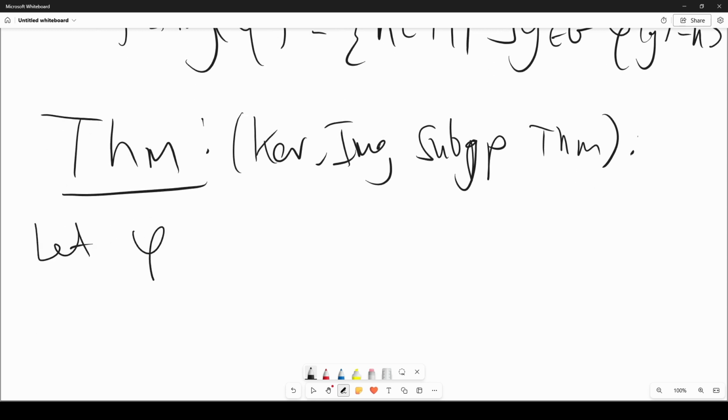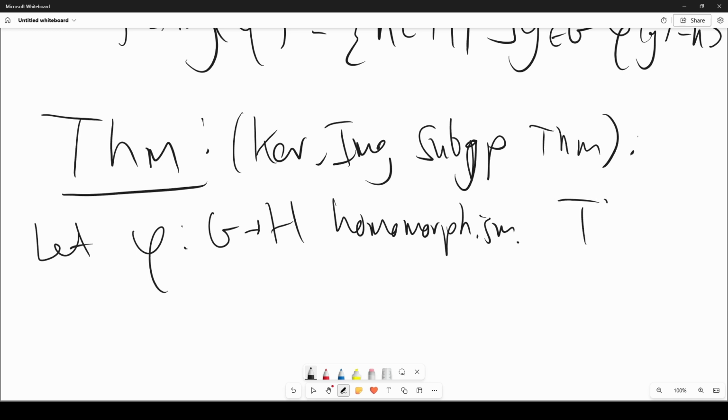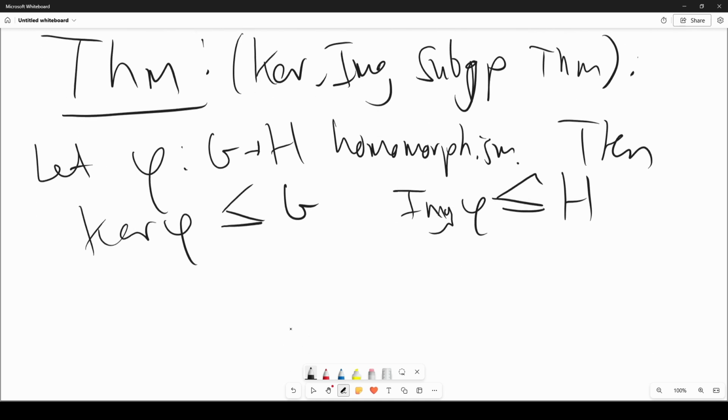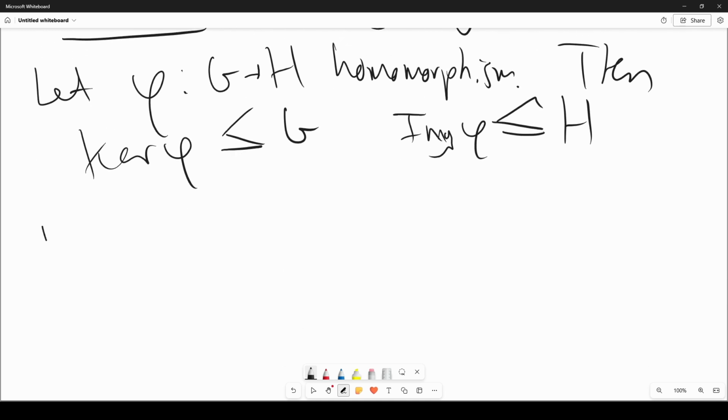Let phi be a homomorphism from G to H. Then the kernel of phi is a subgroup of G, and the image of phi is a subgroup of H. Sorry, I should have said G here. Kernel of phi is a subgroup of G, and image of phi is a subgroup of H. So let's try to prove this.